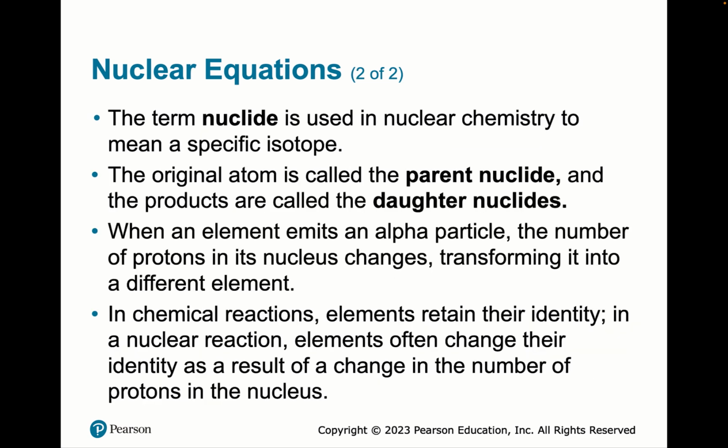And so nuclide, it means a specific isotope, and so you're just determining what the mass number is, how many protons and neutrons you have. And so whenever the number of protons changes, the element changes. So in nuclear chemistry, we do change the element. I know in normal chemistry, when chemical reactions happen, we exchange atoms, and the atoms retain their identity.